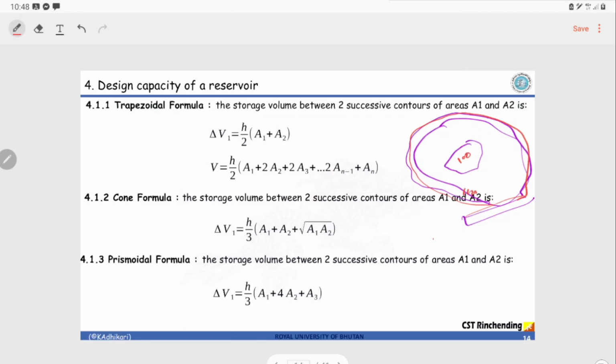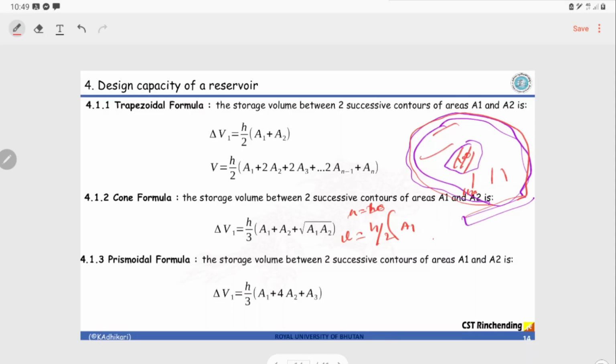So how do we calculate the volume? Volume is equal to h by 2, where h is the contour interval. In this case 120 minus 100 is 20, so h is 20, times A1, the area of the first contour, plus A2, the area of the second contour, and likewise it goes on for however many contours there are.